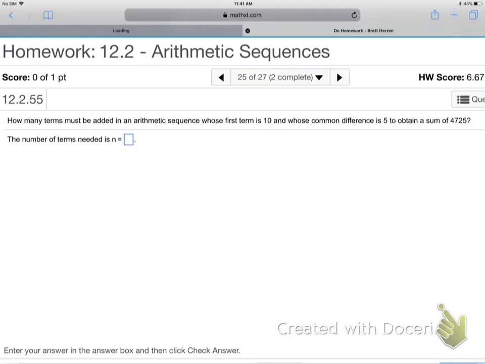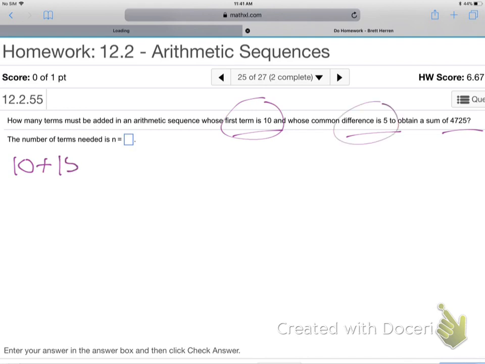number 25. How many terms must be added in an arithmetic sequence whose first term is 10 and difference is 5 to obtain a sum of 4725? So the first term is 10, and the difference is 5. So they're going up by 5 every time.